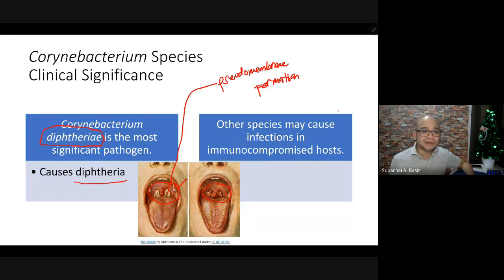Other species may cause infections, particularly in immunocompromised hosts, because these are people with a very weak immune system.